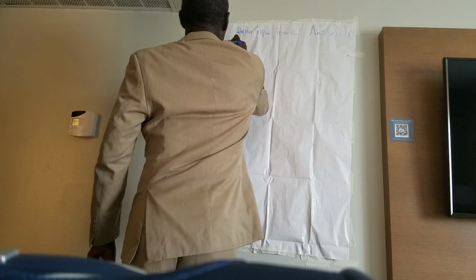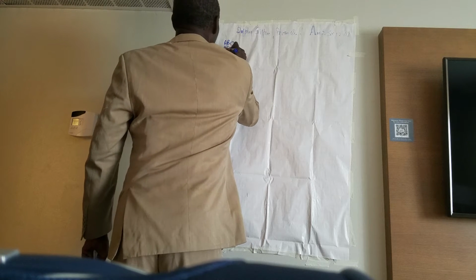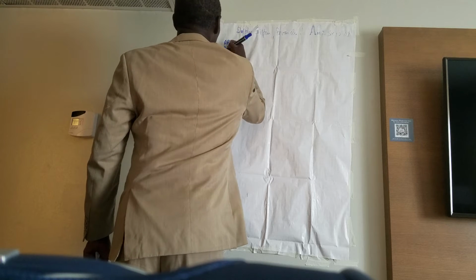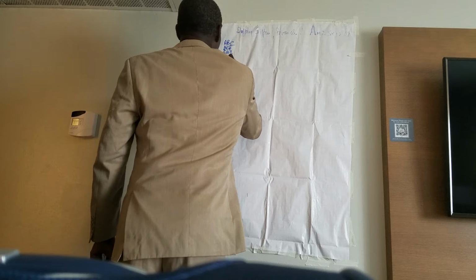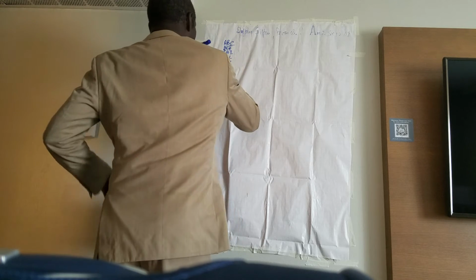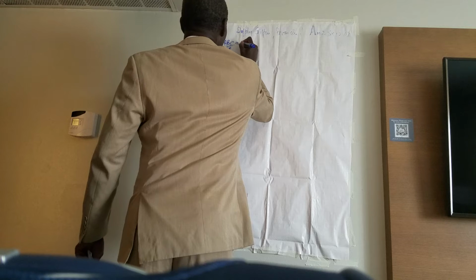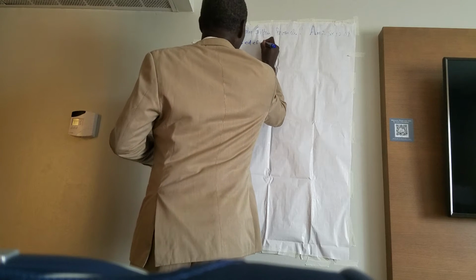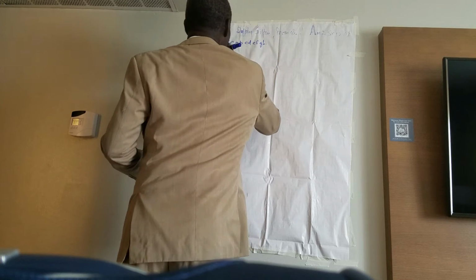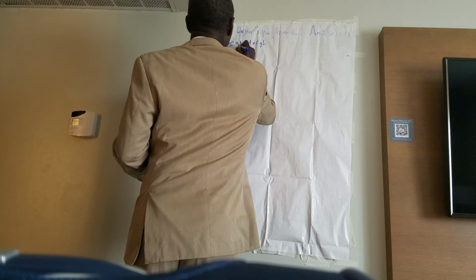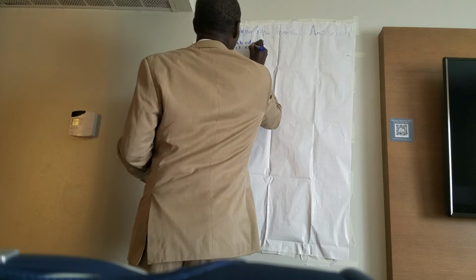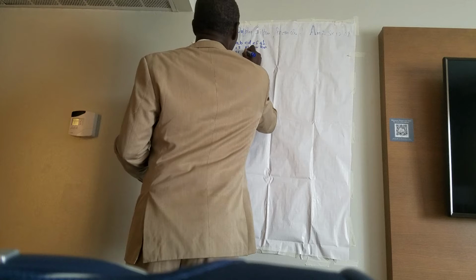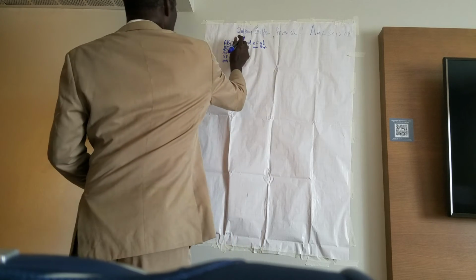So we have now A, B, C, D, E, F, G, H, I, J, K, L, 1, 2, 3, 4, and M, N, O. And we have A, B, C, D, E, F, G, H, I, J, K, L, M, N, O, P, Q, R, S, T. We do it like that because we always work in pairs.